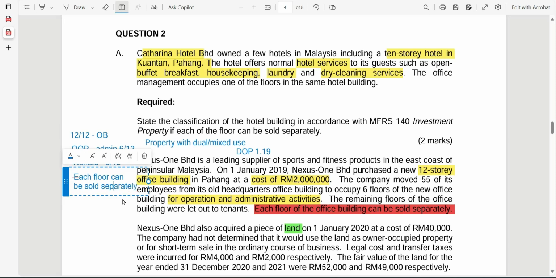So the first situation is that it is a property with mixed use. The second one is that each floor can be sold separately.